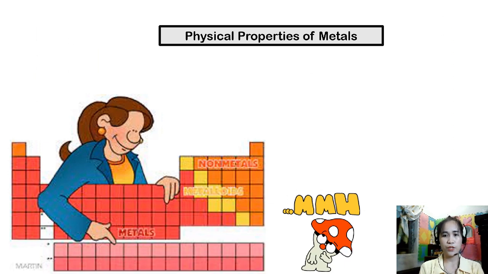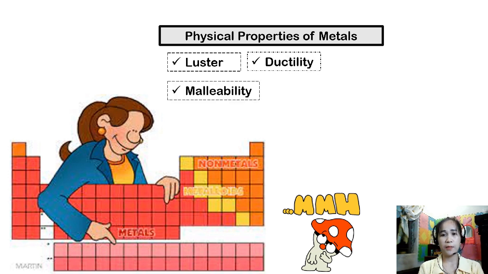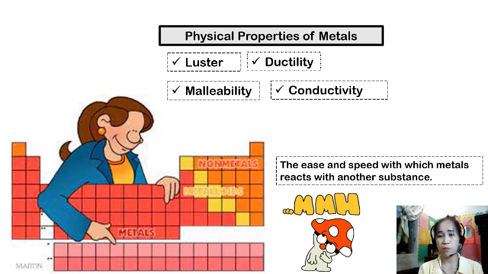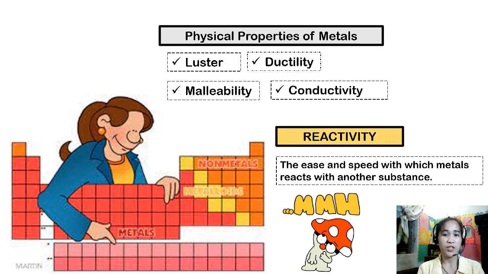The physical properties of metals include luster, ductility, malleability, and conductivity. Take note, guys, that metals vary in their reactivity.